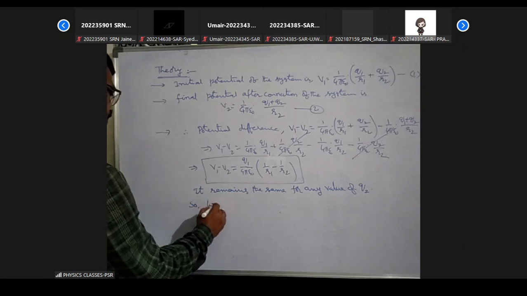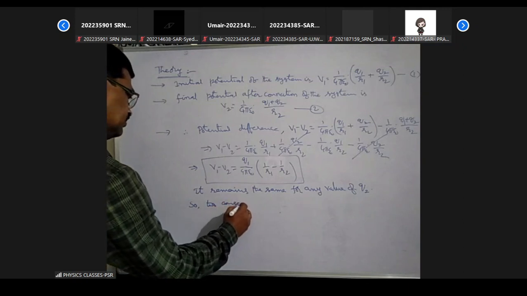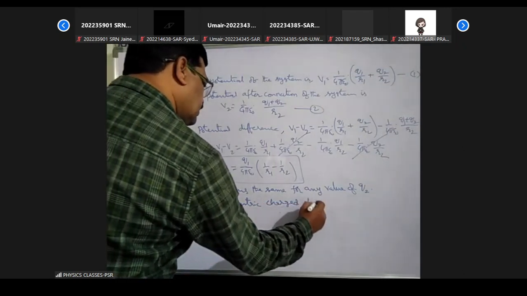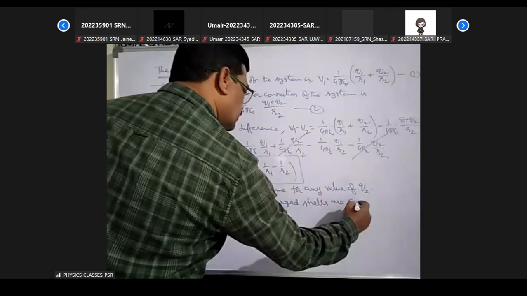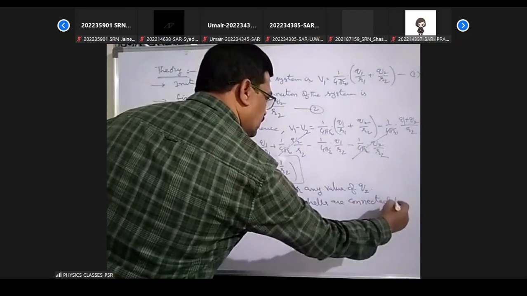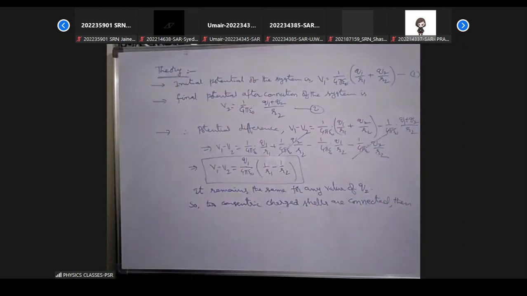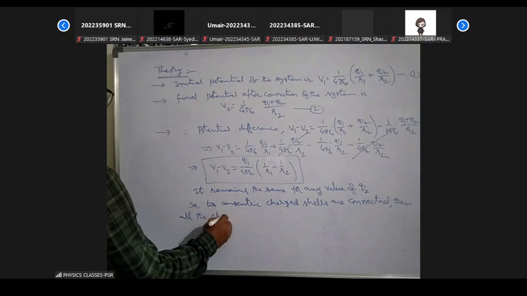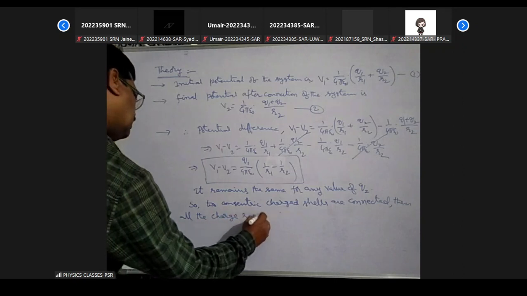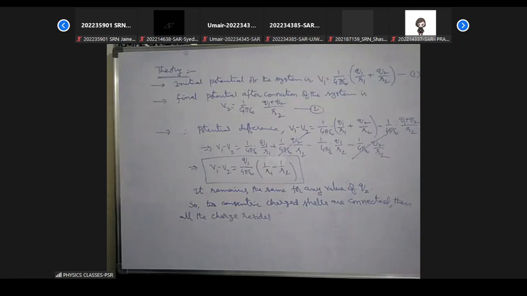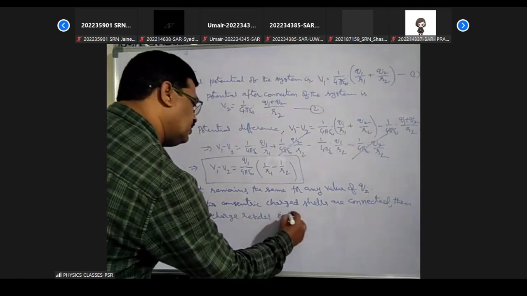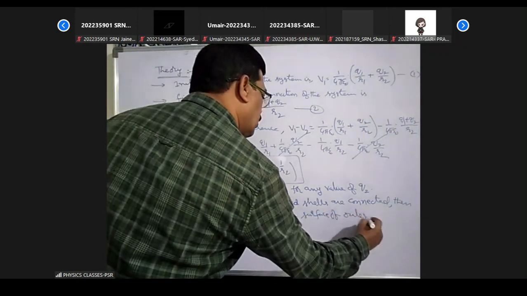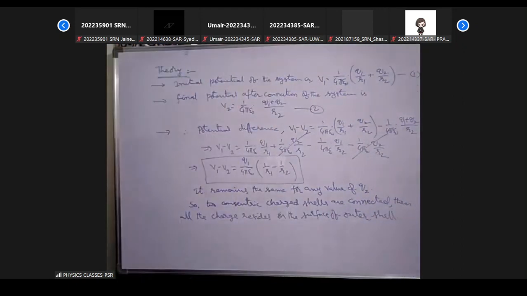So, if two concentric charged shells are connected, then all the charge resides on the surface of the outer spherical shell.